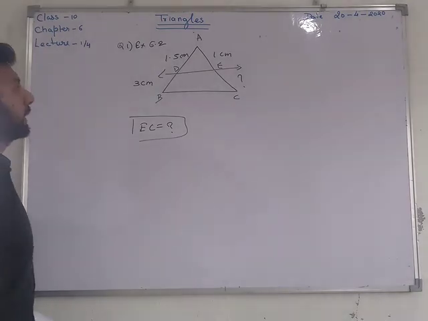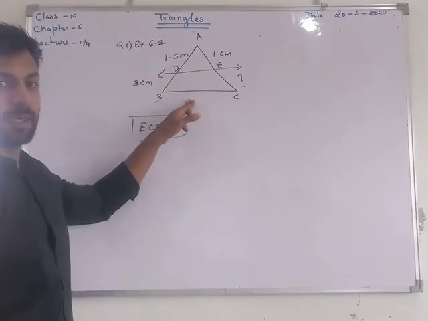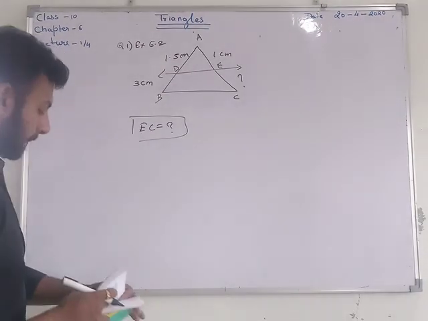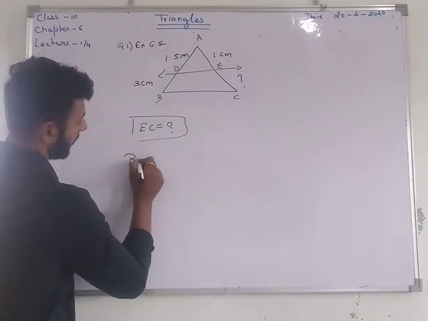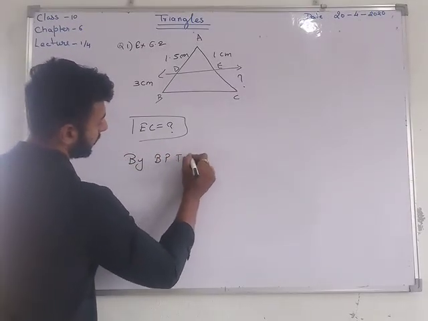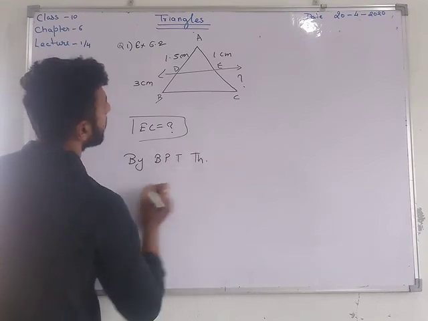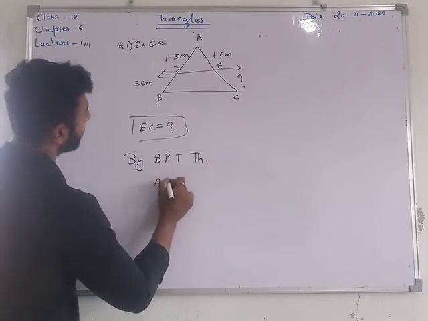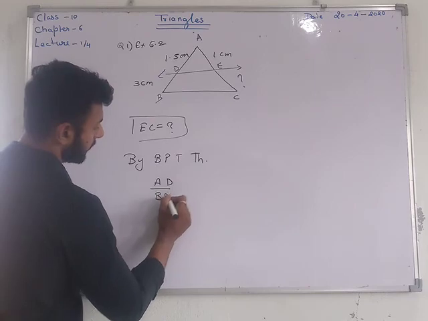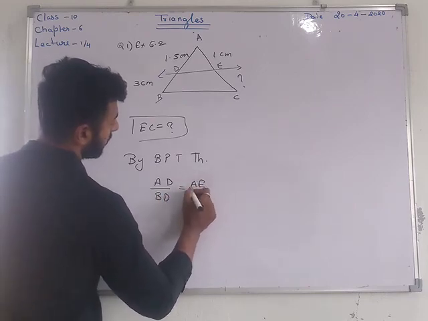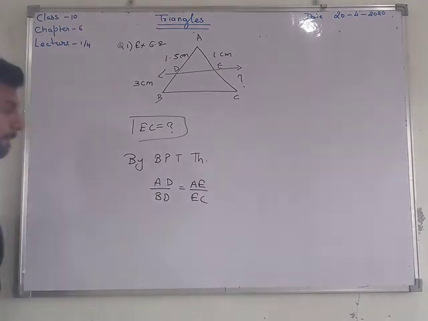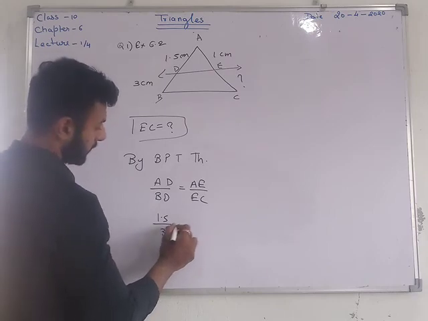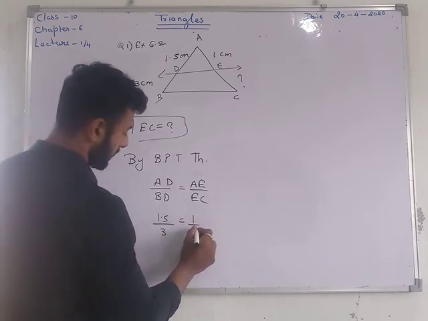Now we can see that DE is parallel to BC, which means we can apply the basic proportionality theorem, or BPT theorem, in this. By the basic proportionality theorem, AD upon BD is equal to AE upon EC. AD is 1.5 by 3 is equal to AE which is 1 upon EC.